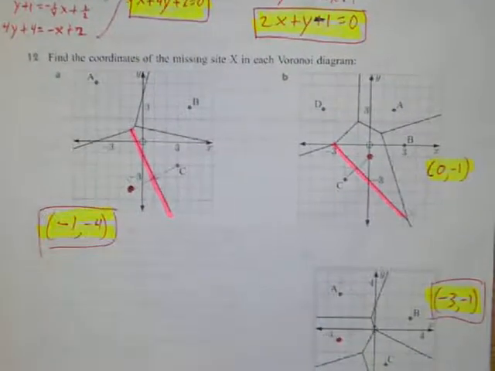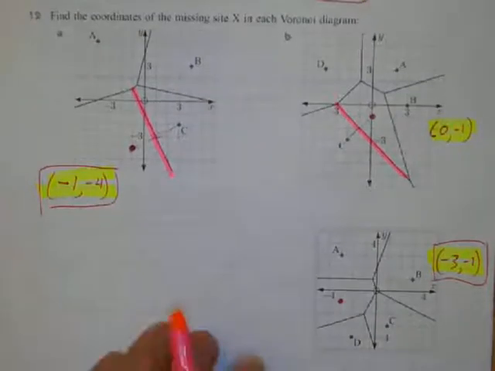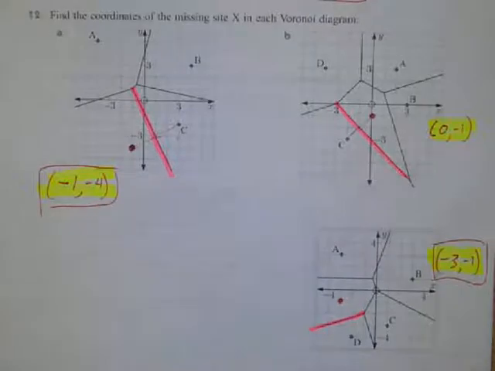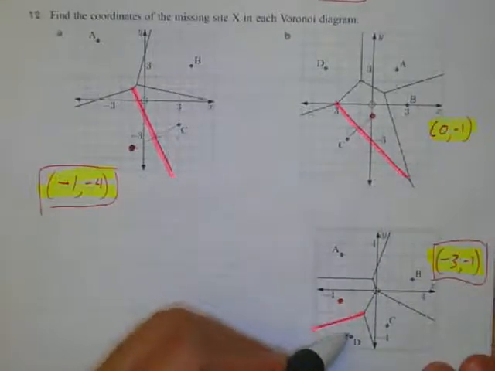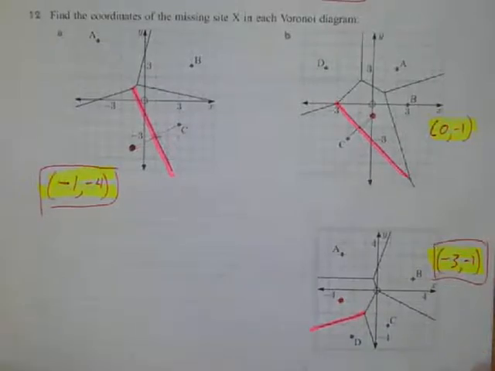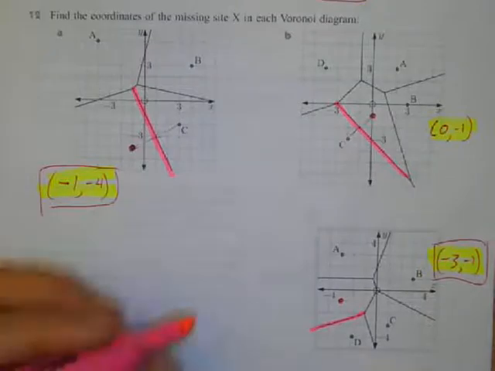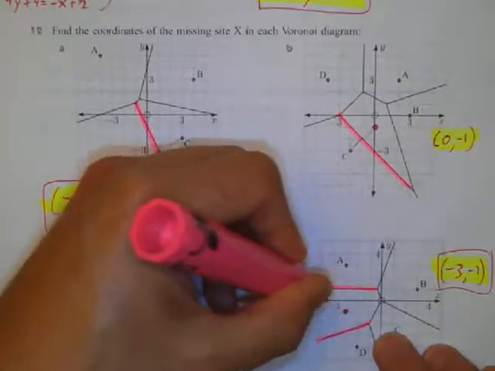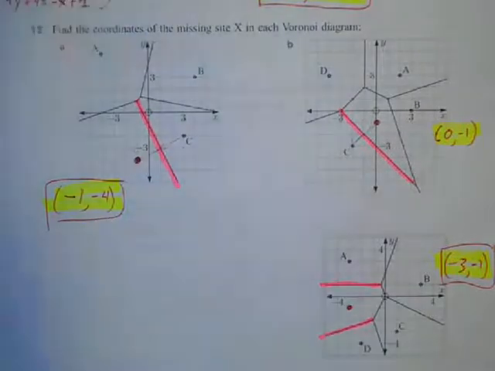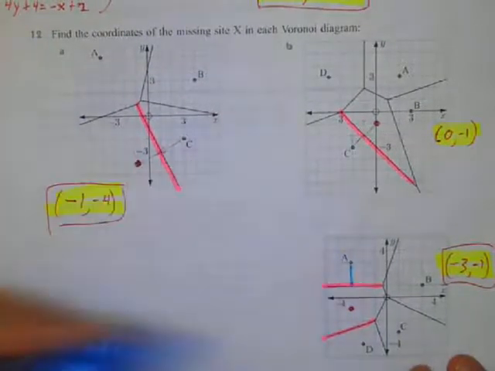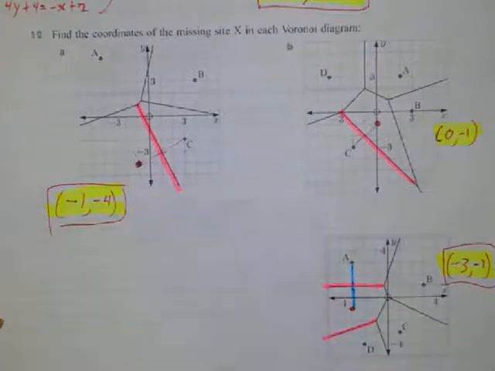Okay, and then on this one here, the missing site point is between this boundary edge and D. Another thing that was harder to figure out from there, but I could look at this boundary edge, and that was an easier way to figure out because I know the distance between here and there was 2, so the distance between there and there is also going to be 2.